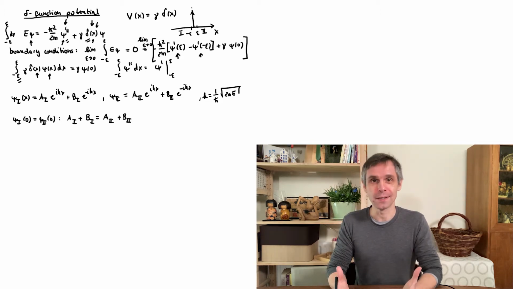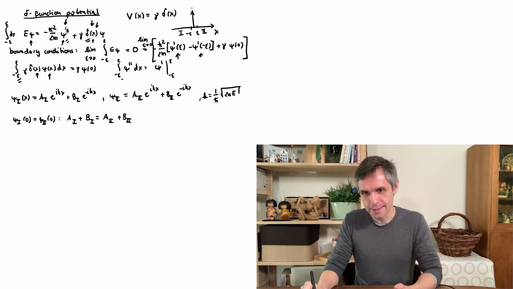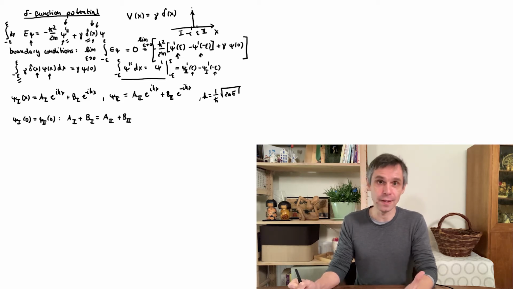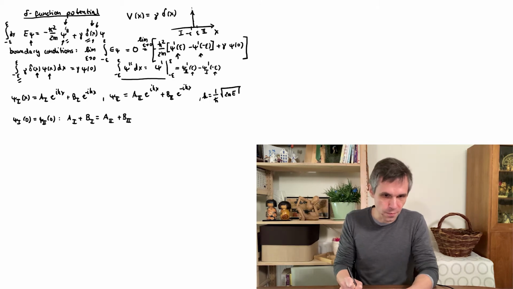But now looking at the other condition which we just derived, we see that the derivative of the wave function actually makes a jump. So when we look at this expression in particular here, this becomes the derivative of the wave function evaluated in region 2 minus the derivative of the wave function evaluated in region 1. And in the limit that epsilon goes to 0, this is still then just evaluated at 0. So from the condition above, this can be written in the following form.